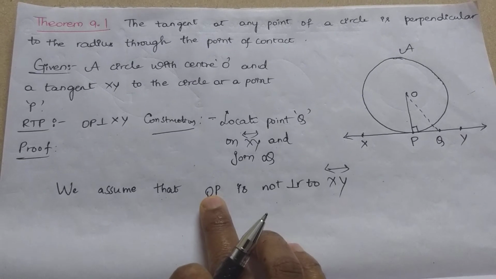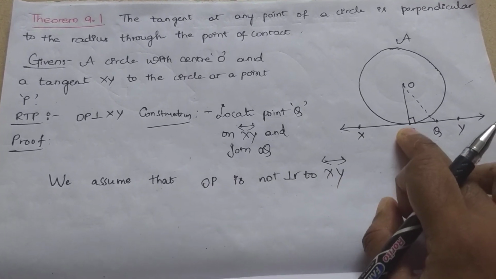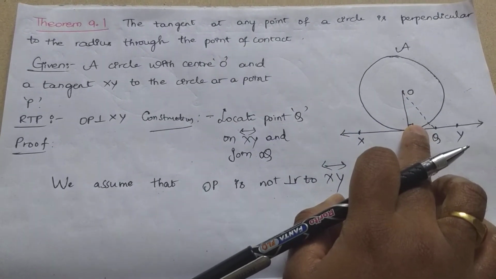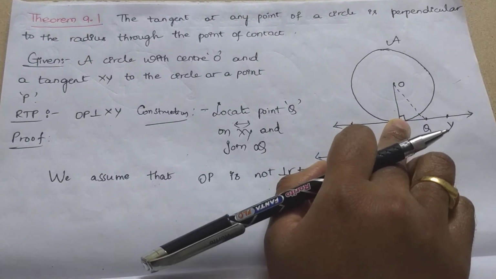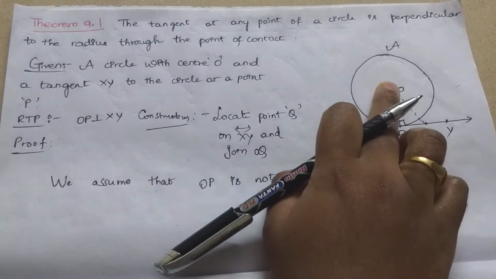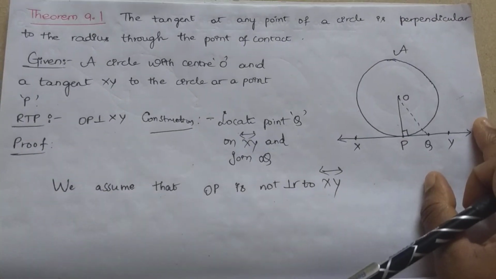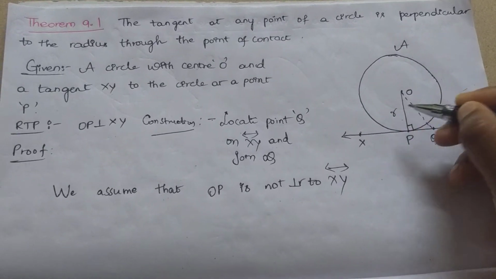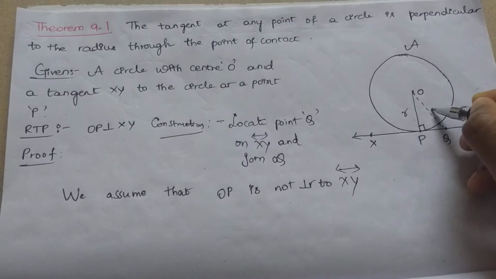So first we have assumed that OP is not perpendicular to XY. So when I have joined a line from O to Q, when you see here, the distance OQ is larger than the distance OP. Correct? Why is it larger? Because this OP is the radius of the circle, and from O till this point it is the radius.